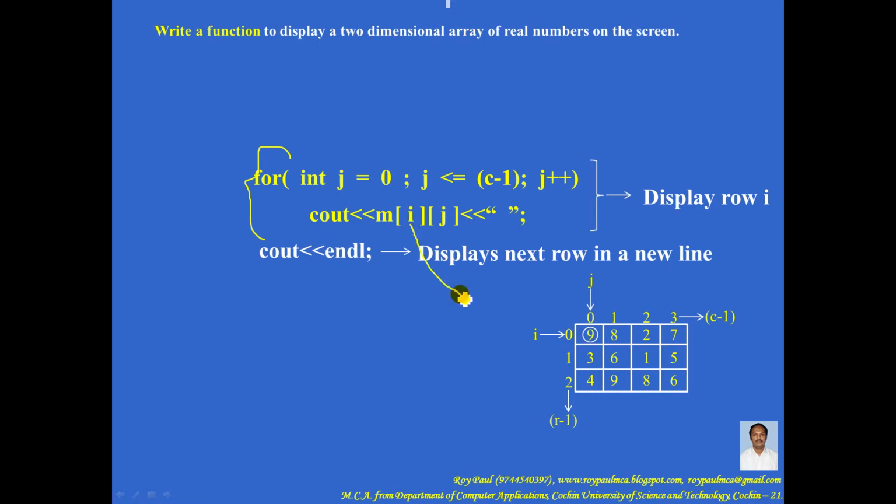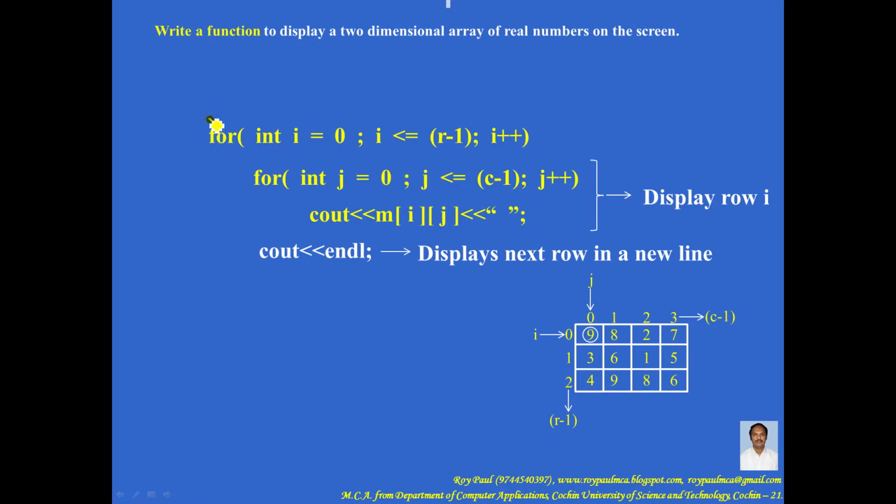which means in this code, as I varies from 0 to 2, or in general 0 to r minus 1, I get all the rows of the two-dimensional array. So this code, I varies from 0 to r minus 1. You can write the code like this. For int I is equal to 0, I less than or equal to r minus 1, I plus plus.